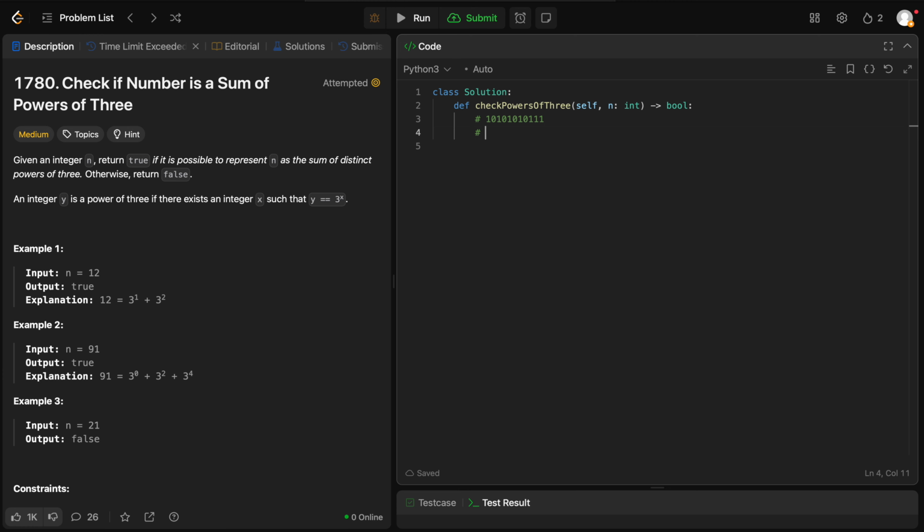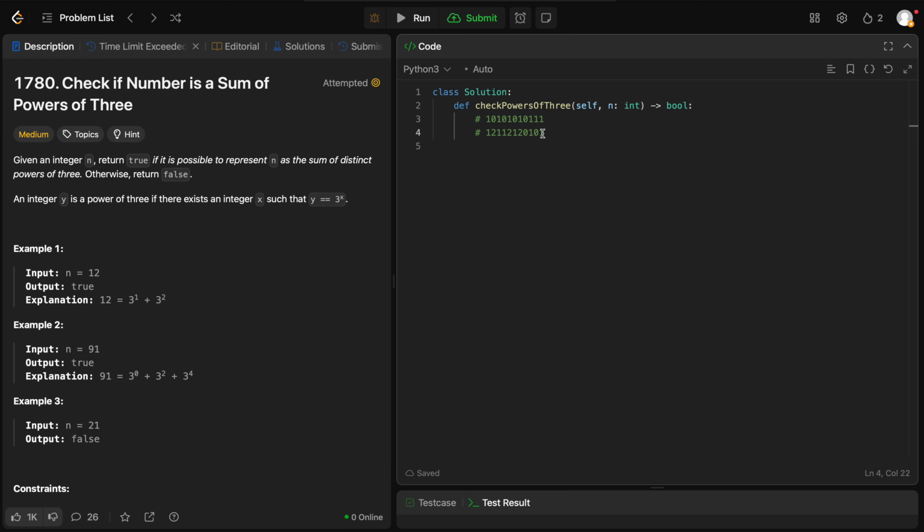well, what's the equivalent for the sum of powers of 3? So powers of 3, that's this. So the representation of the number in ternary representation, whatever is the name. But when you see this number, you actually see something.